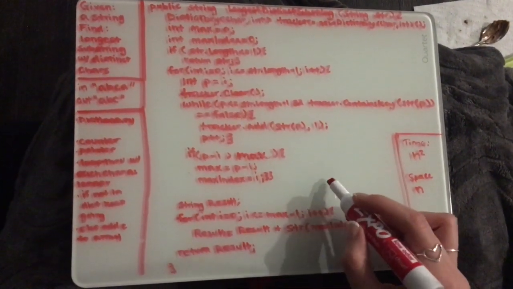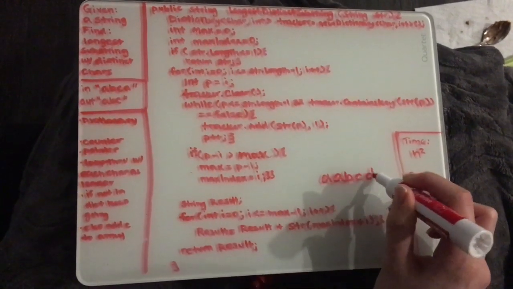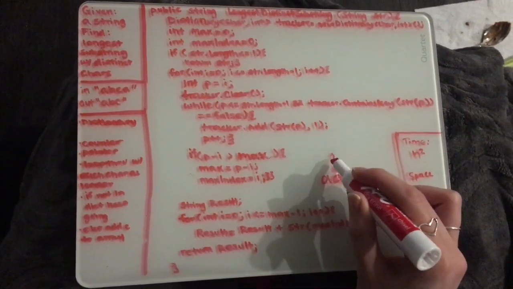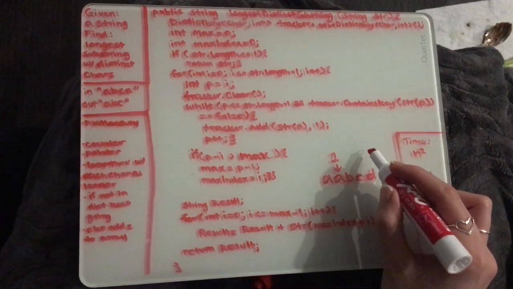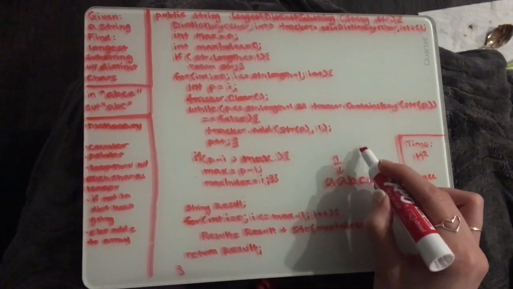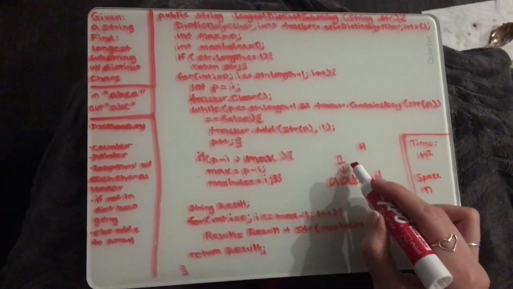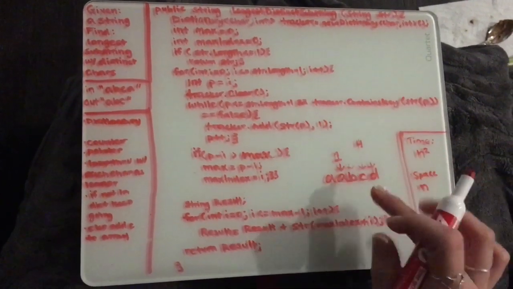So if it's A, B, C, D, the max index would be 1, and the max would be 4. So we're going to add A, then move to B, C, D, and now we've gone 4 times, and we will return the result.